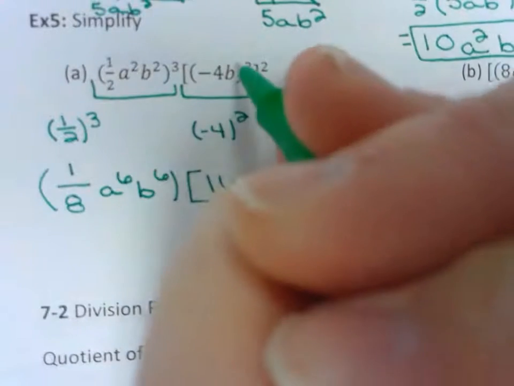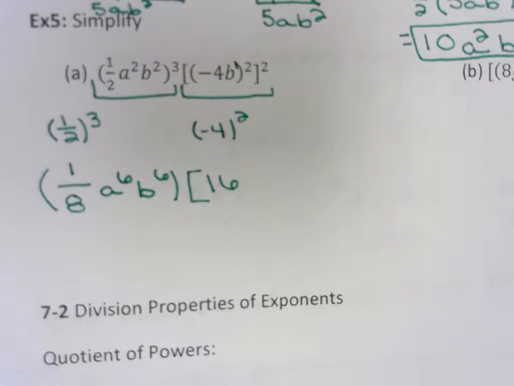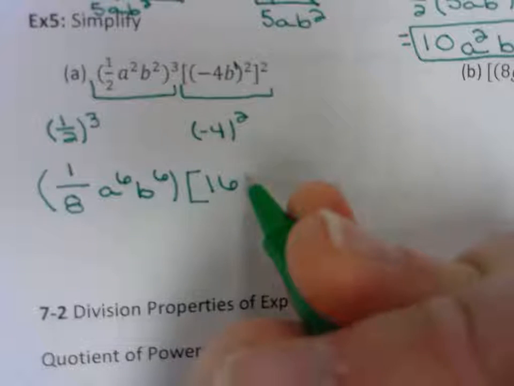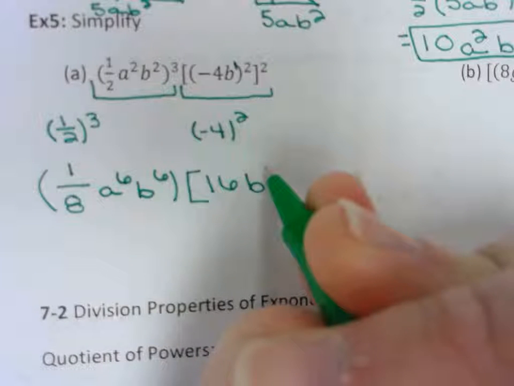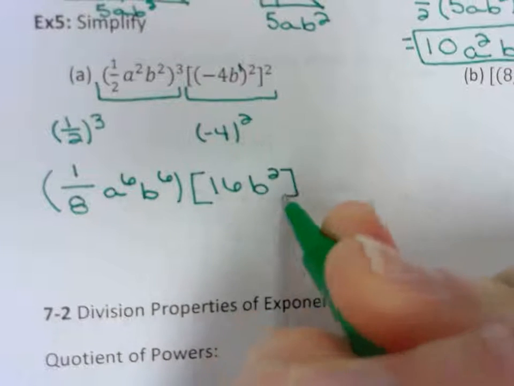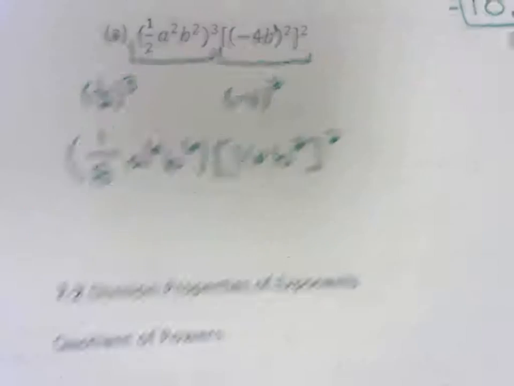What is b to the first squared? If I have an exponent to another exponent, I do what with them? Multiply. So this is going to be b to the second. And that is all squared.